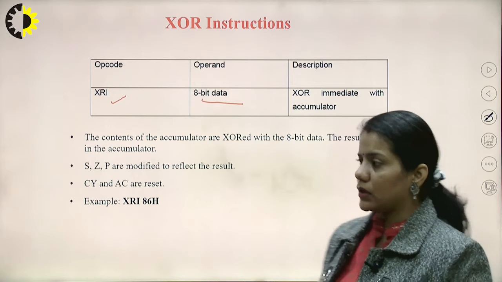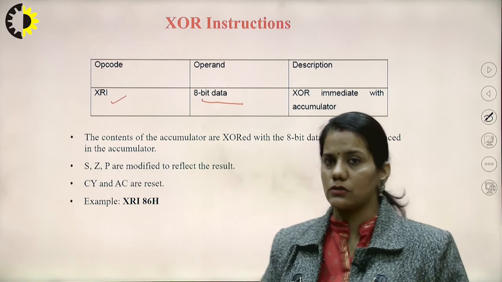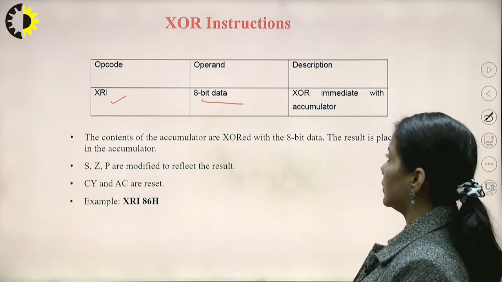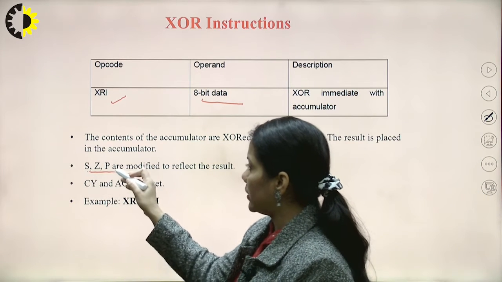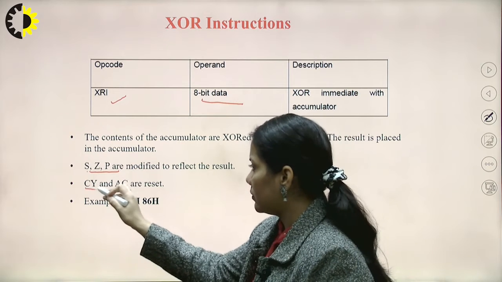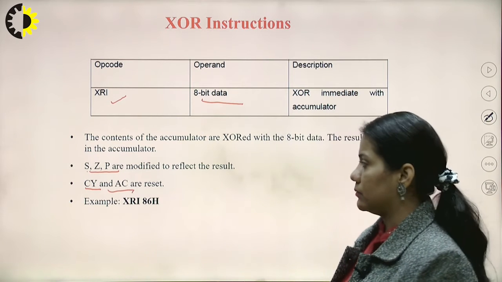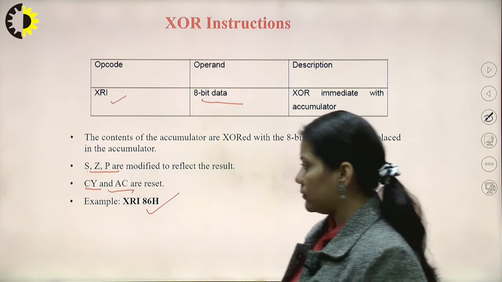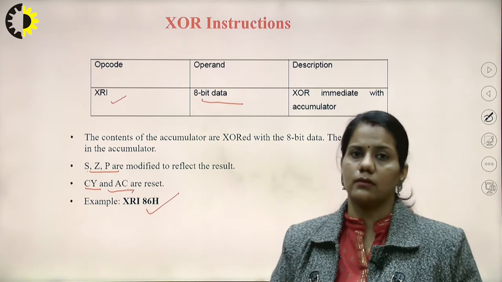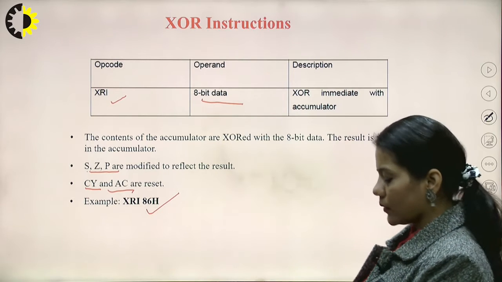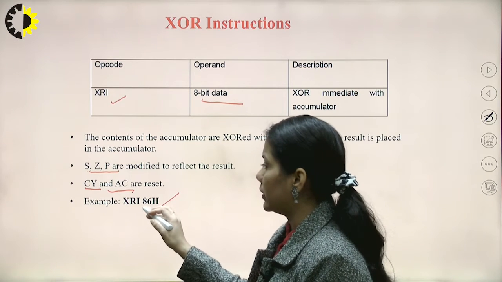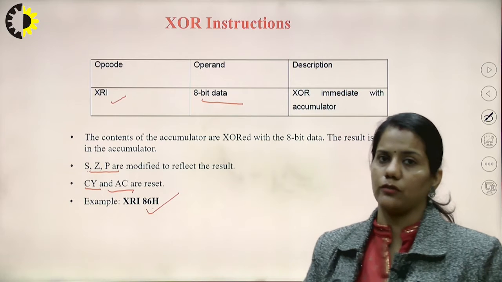The immediate 8-bit data is XORed with the contents of accumulator and the result is stored in accumulator. Sign, zero and parity are modified. Carry and auxiliary carry are reset. XRI 86H is the example. It will XOR the immediate data, that is 86H, with the contents of accumulator.